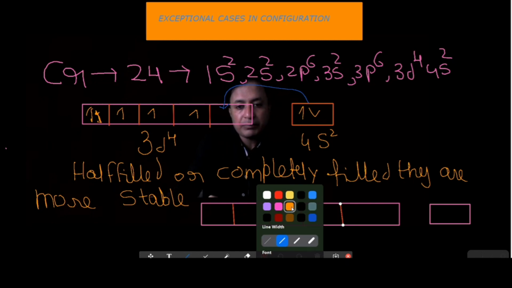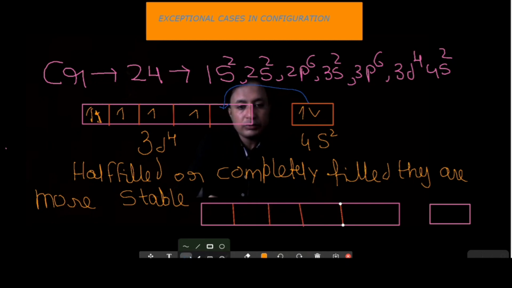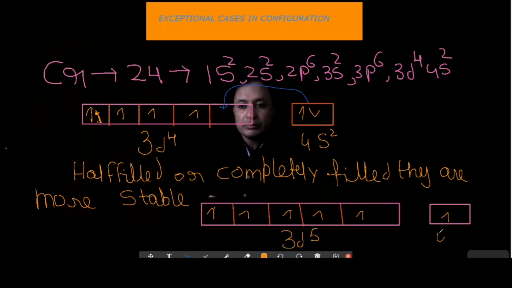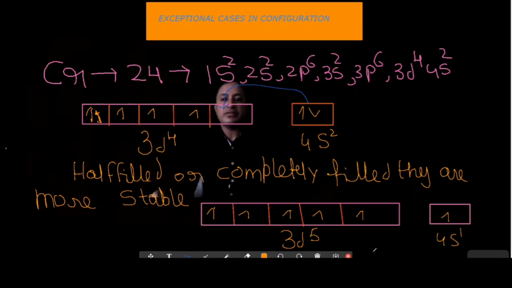So the electronic configuration of chromium will change from 3d4 4s2 to 3d5 and 4s1, because the orbitals are very near to each other and of comparative energy level.